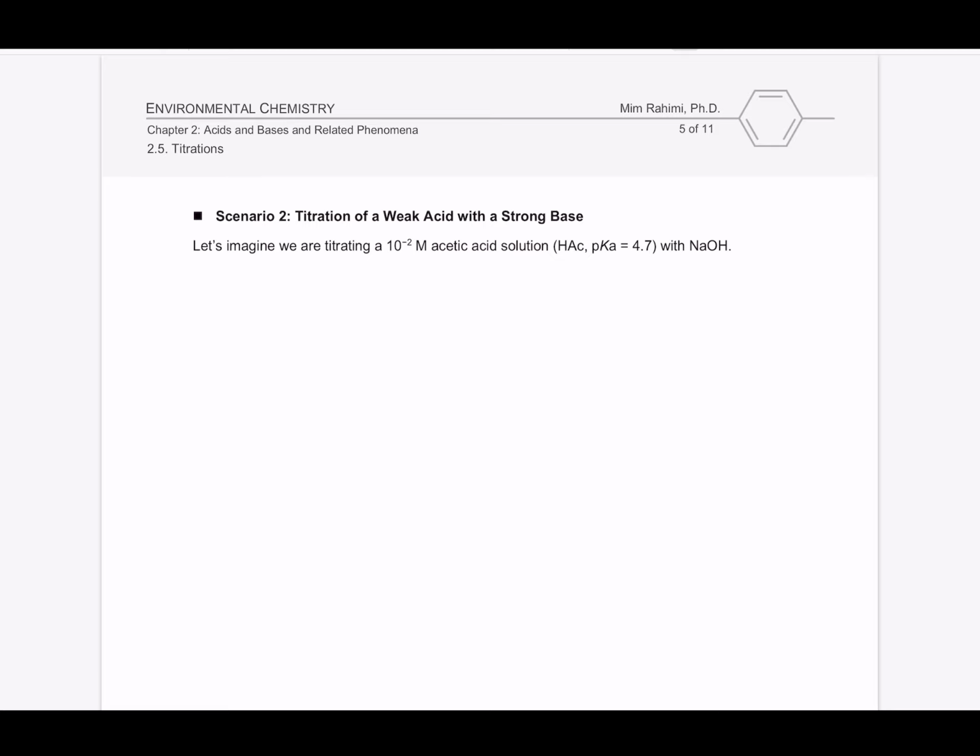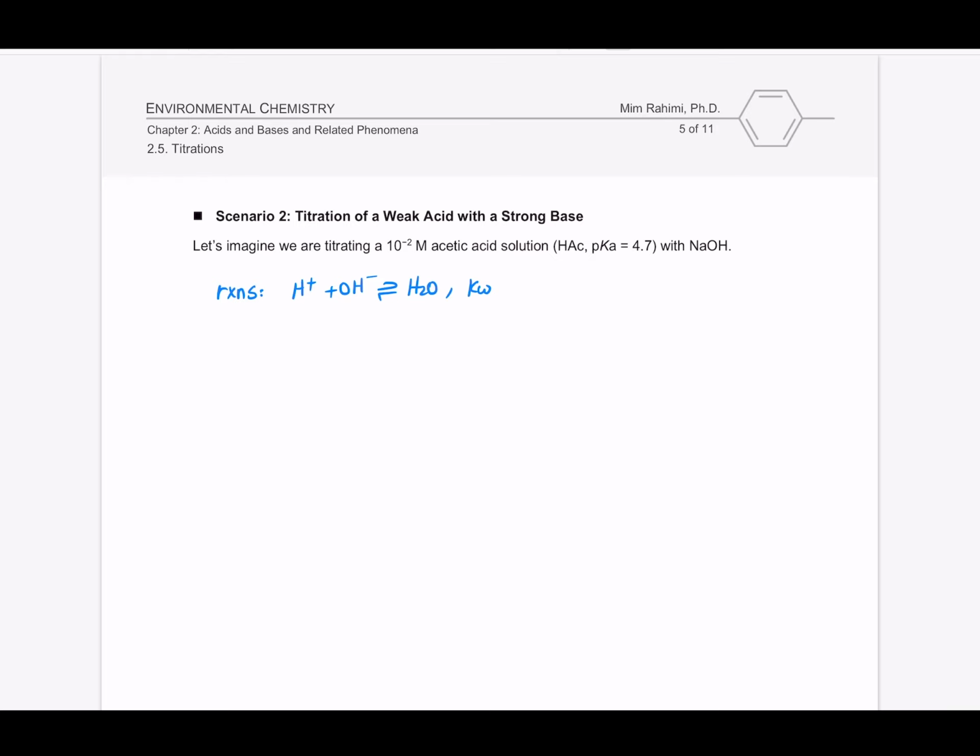The first thing, as always, is to look at what kind of reactions we have and how these reactions are introducing species into the system. Acetic acid is in the sample. The titrant is sodium hydroxide. So what's the reaction? As always, we have H plus and OH minus, like the previous case as well, and this is Kw.